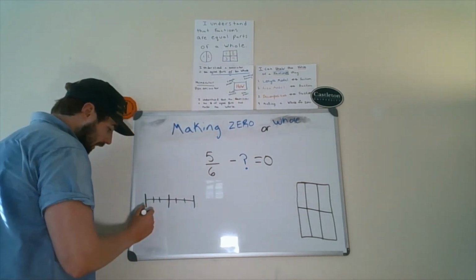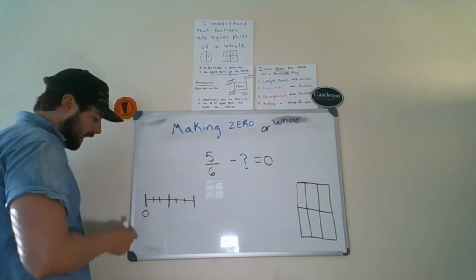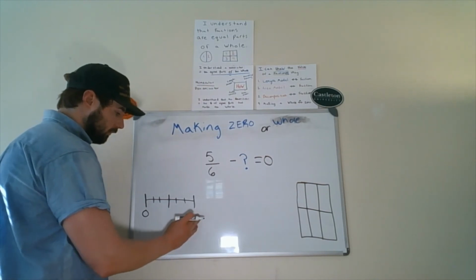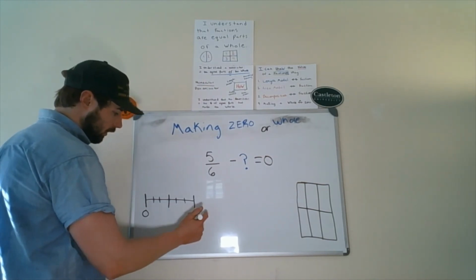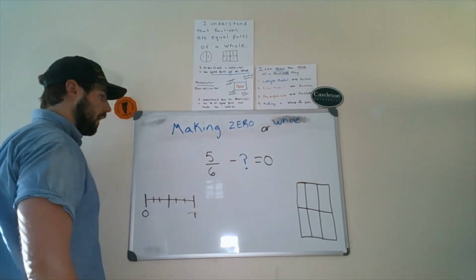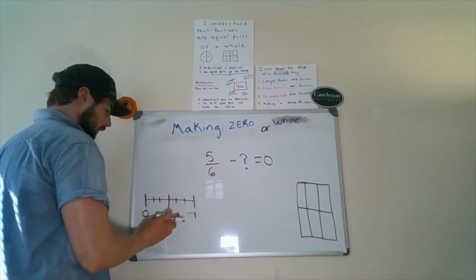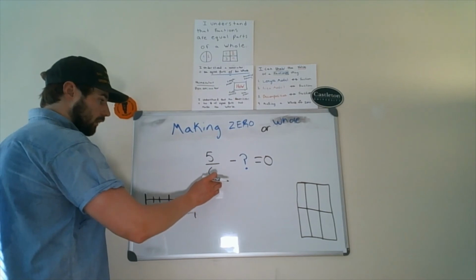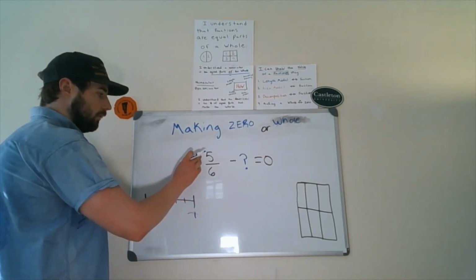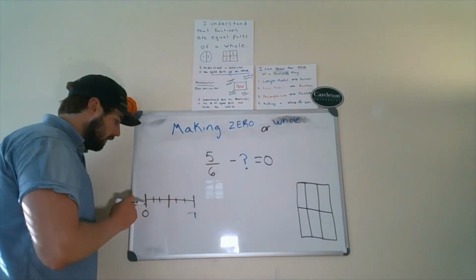Okay? I know my zero's over here. This is where nothing is. That's where I'm trying to get. I got a whole, well, not a very good whole, right here at the end of my length model. So, I have my denominator here. I know I'm working with 6 parts to make the whole. What parts of? I know I'm working with 5.